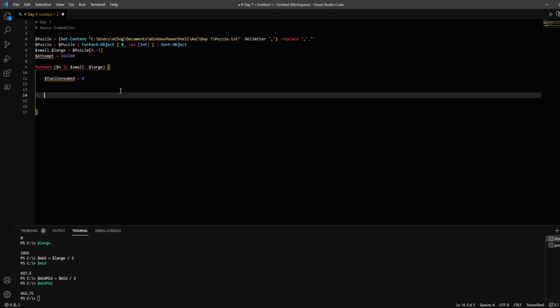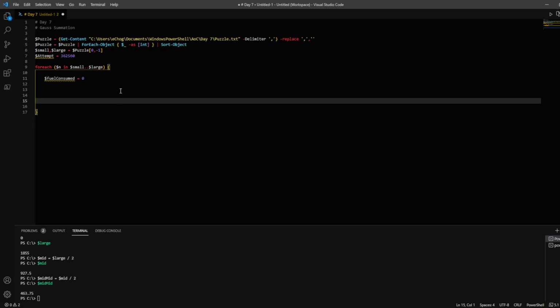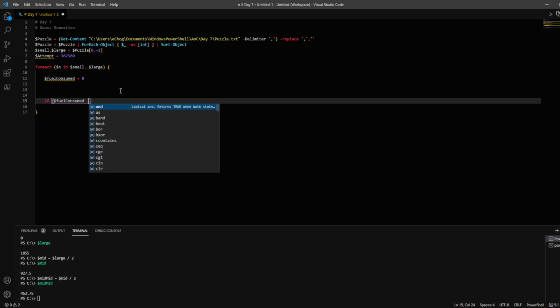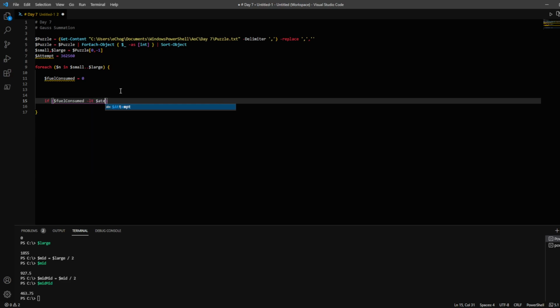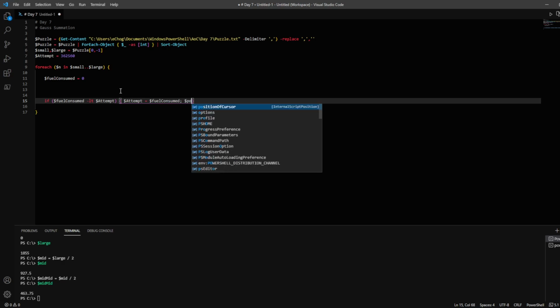But with that, we also need to make sure that we're saving what was in this fuel consumed so we know if we're doing better or worse than we did before. So we can say if fuel consumed is less than our attempt number, then our attempt number becomes the fuel consumed, and I want to save what the position is.